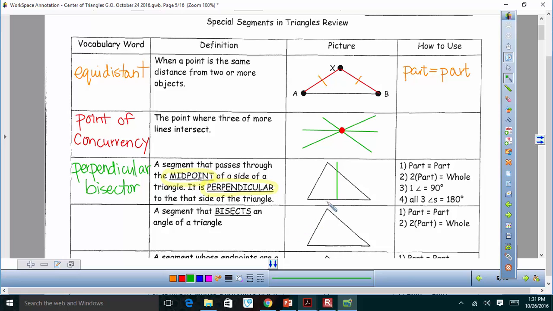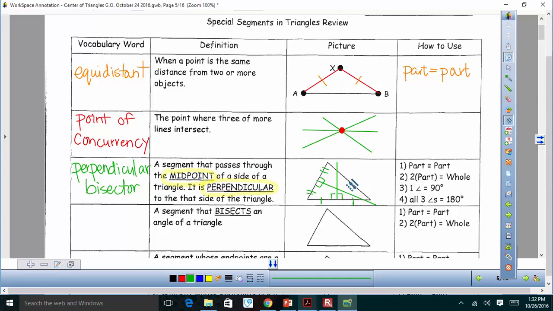Okay, and so that forms a right angle, and it splits these into two equal sides. I'm going to do the same thing here. So I'm going to go to the midpoint and go straight up, or straight out, to form a 90-degree angle and cut these two sides in half. And then I'm going to do the same thing with the third side.